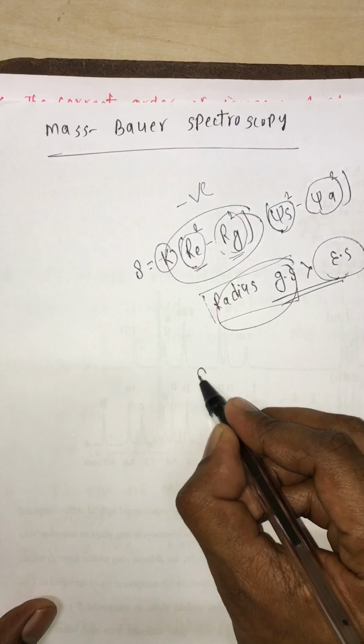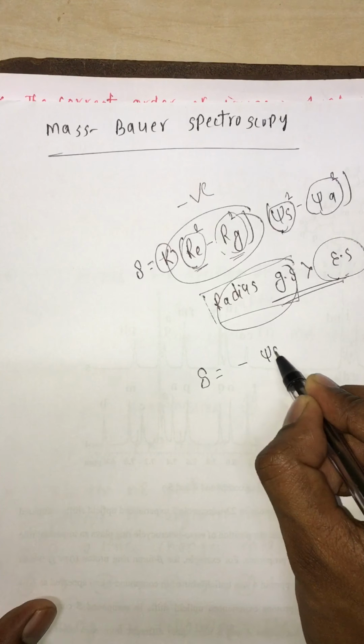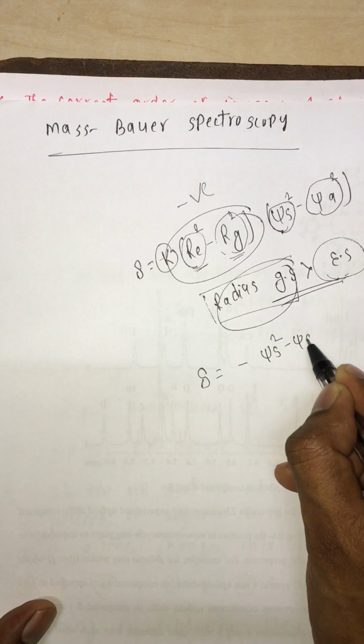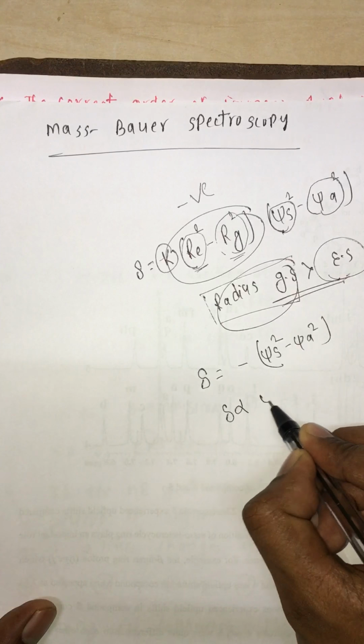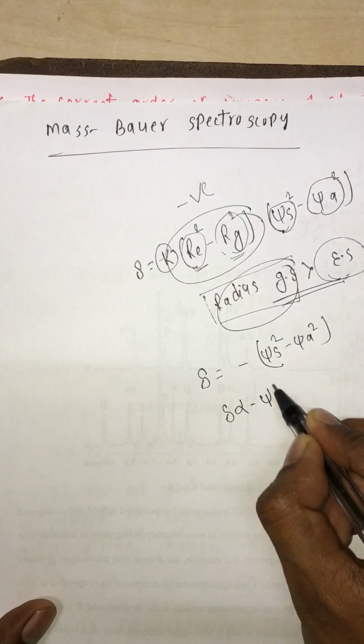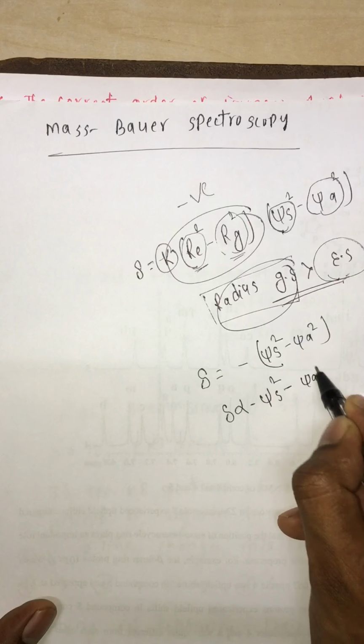So finally the isomeric shift delta equals minus, psi s square minus psi a square. You can write this as delta directly proportional to the negative value of psi s square minus psi a square.